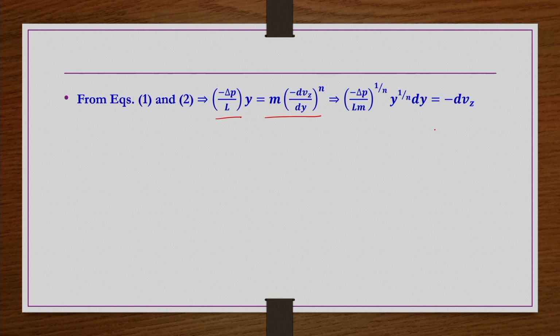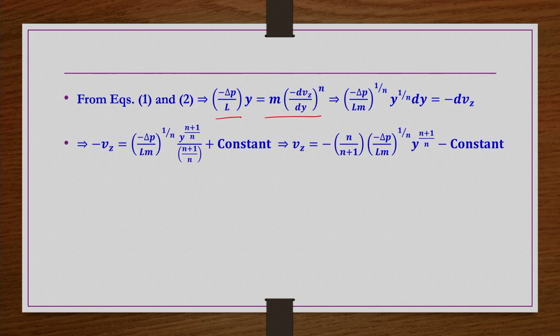We get minus dvz equals minus delta p by L m, whole power 1 by n, y power 1 by n dy. Now, if we integrate this equation, we get minus vz equals minus delta p by L m, whole power 1 by n, y power n plus 1 by n divided by n plus 1 by n, plus constant.